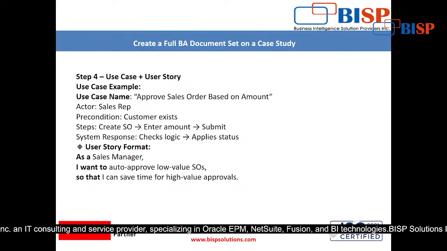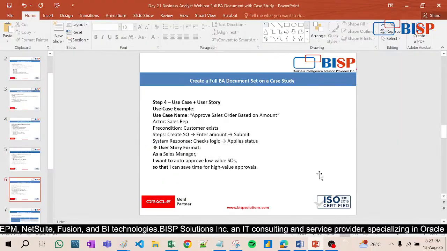So customer exists, item should also exist, then location should also exist, subsidiary should also exist. There are so many things, right? Like warehouse location should also exist. Let me correct this also, right?